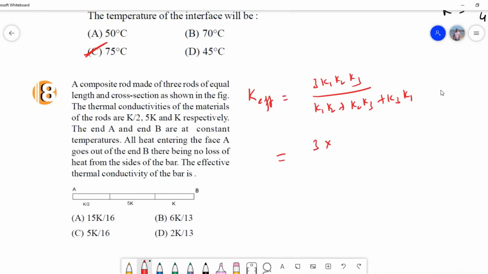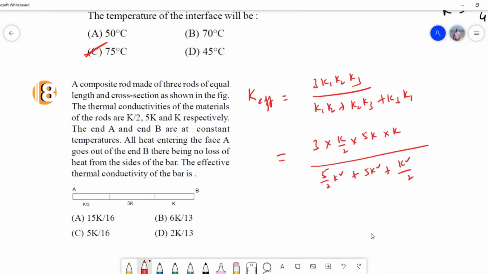So 3 into K1 is K by 2, into 5K, into K, whole upon K1 K2, which is K by 2 times 5K, so 5 by 2 K square, plus K2 K3, 5K square, and K3 K1 is K square by 2.